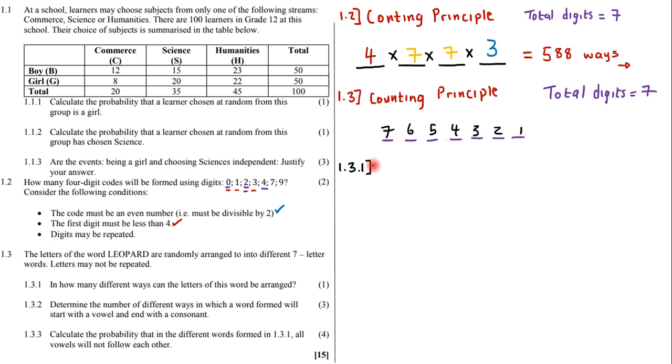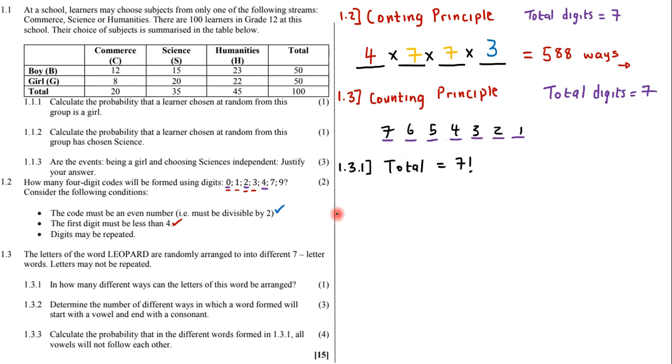So basically this is the same as saying 7 factorial. So the total is 7 factorial, if we put everything as the instruction says.